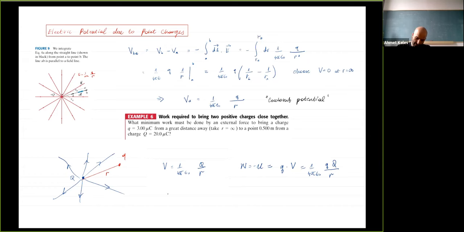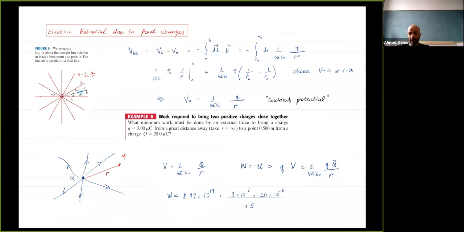So work is equal to K, which is 8.99 times 10 to the 9, times 3 times 10 to the minus 6, times 20 times 10 to the minus 6. Divide this whole thing by 0.5.